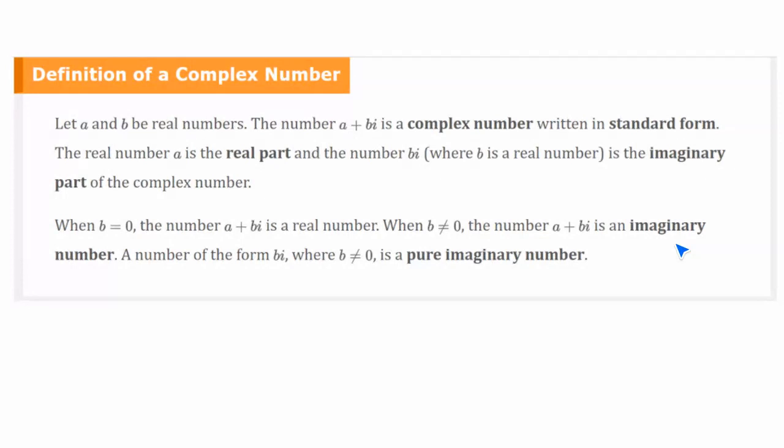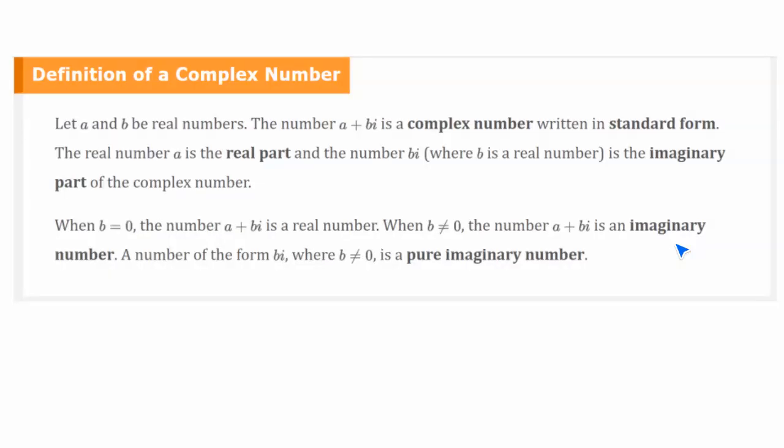The definition says, let a and b be real numbers. The number a plus bi is a complex number when written in standard form. As I mentioned, a is the real part and the bi together is the imaginary part. The definition did say that a and b are real numbers, but when I combine it with i, together this is my imaginary part. So just be careful when you're answering questions that deal with complex numbers. You always write them in standard form, real plus imaginary.